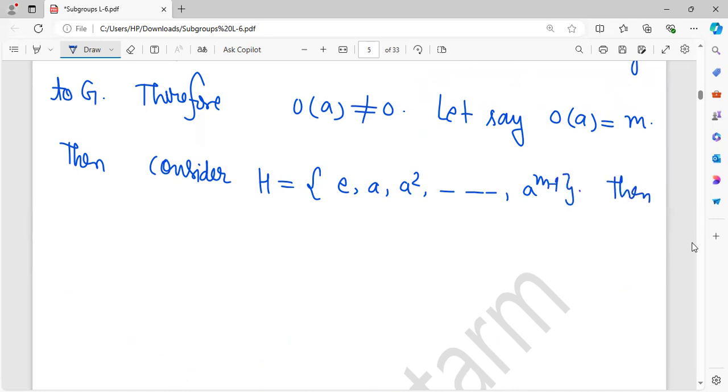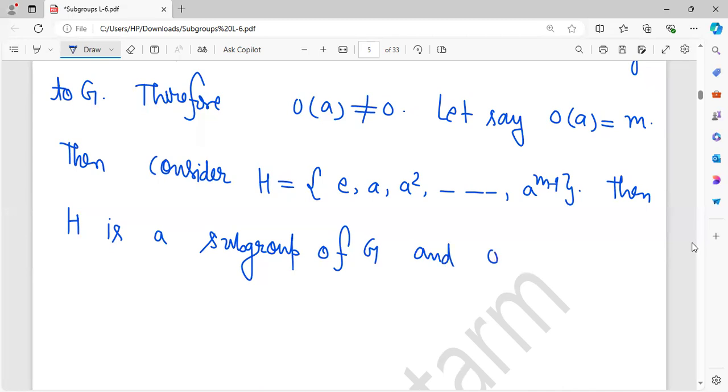Then H is a subgroup of G and the order of H is equal to m, that is, the order of a. It means the order of H is equal to the order of a.